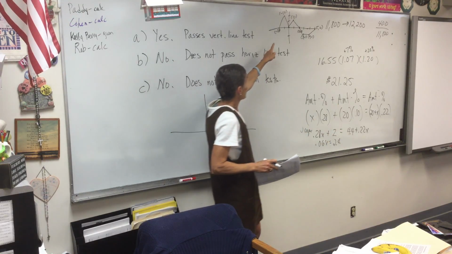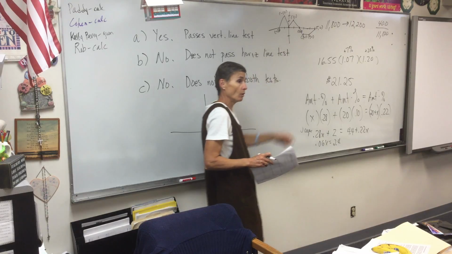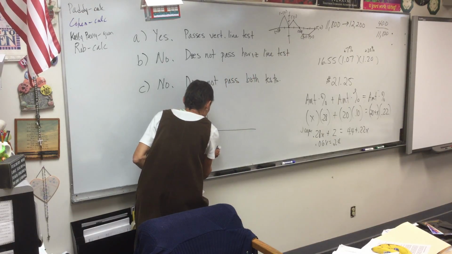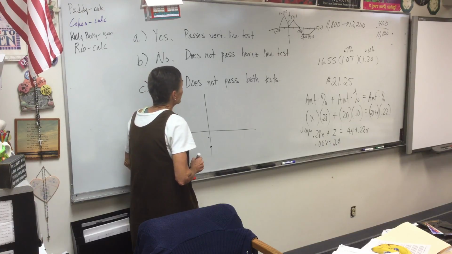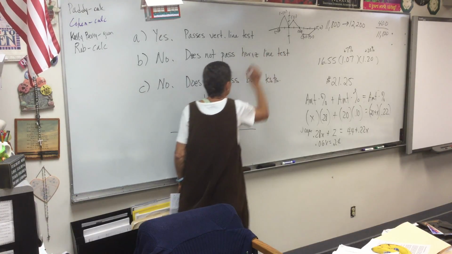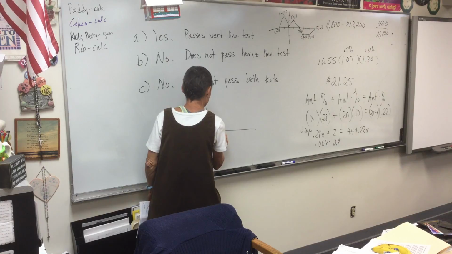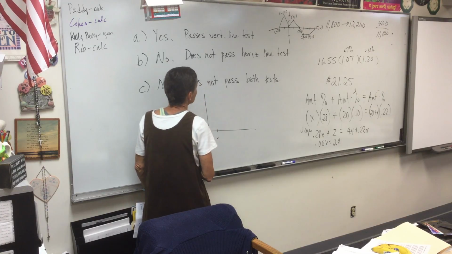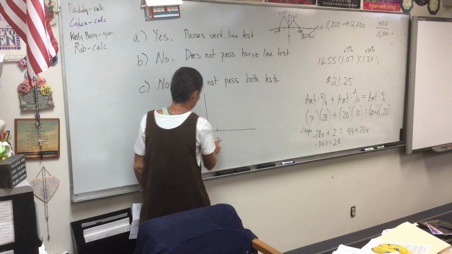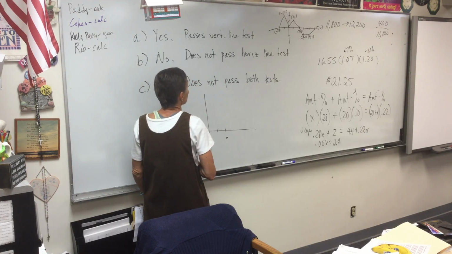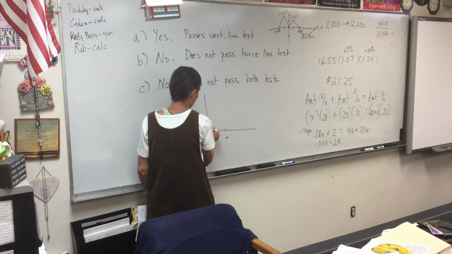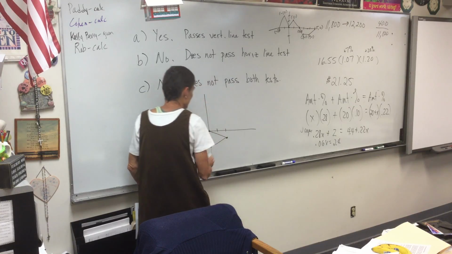So instead of plotting the point -2, 0, I will plot the point 0, -2. And -1, 2 becomes 2, -1. And 0, 0. So there's my triangle.